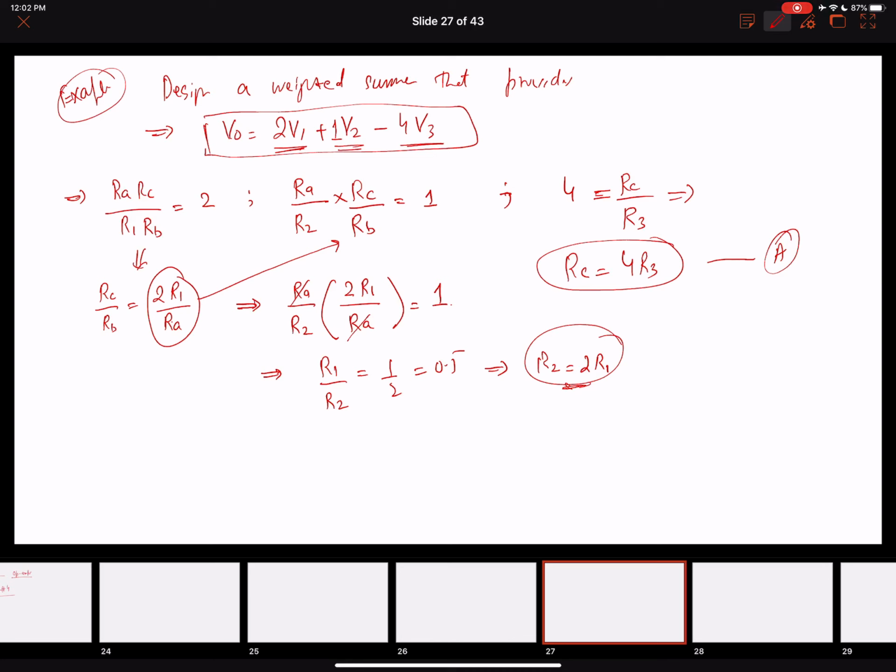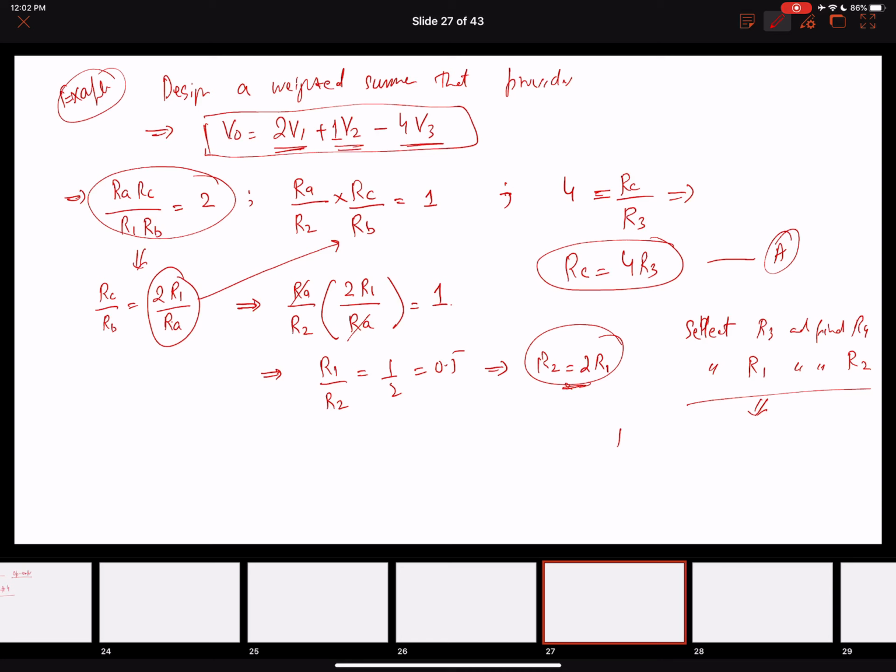In order to find out the resistance value of RB, the way to do it is you can select any value, for example a value of R3 and find RC, and then select R1 and find R2. Once you do that, put all of these values into one of these equations.